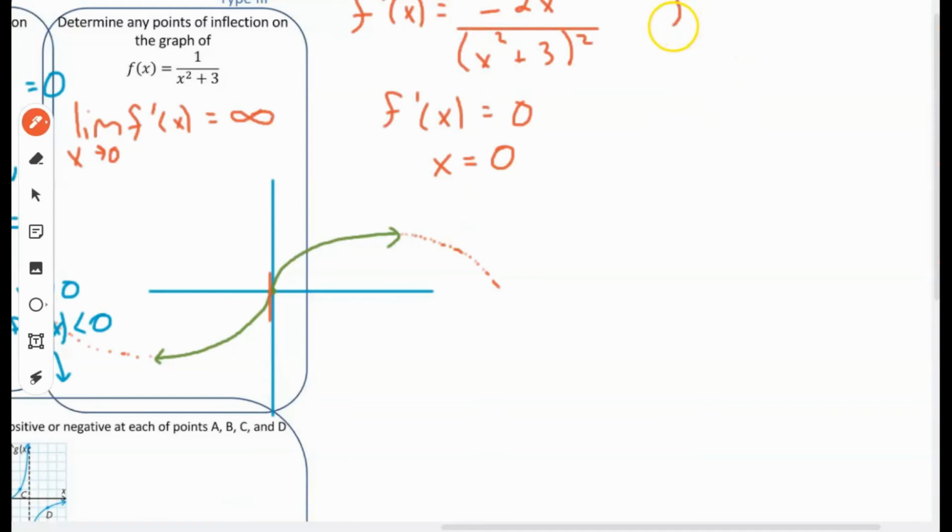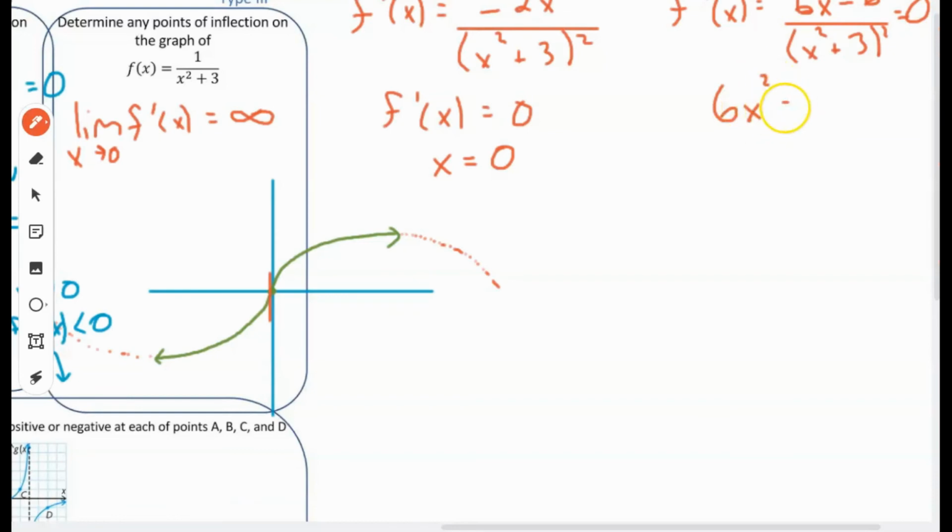So let's check out the second derivative. Our second derivative, and you can confirm this later if you want to, would be 6x squared minus 6 all over x squared plus 3 squared. And if we set that equal to 0 to do our second derivative test, again, we only need to really consider the numerator to figure out when it equals 0.